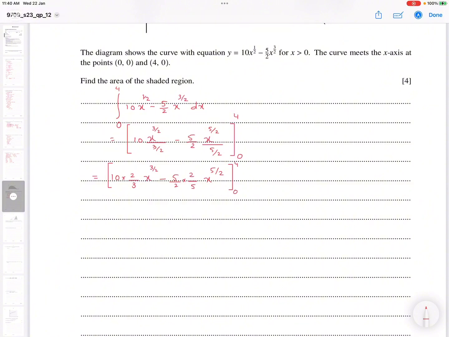Okay, this is 20 by 3, x power 3 by 2, minus x power 5 by 2, and the limit is from 0 to 4.